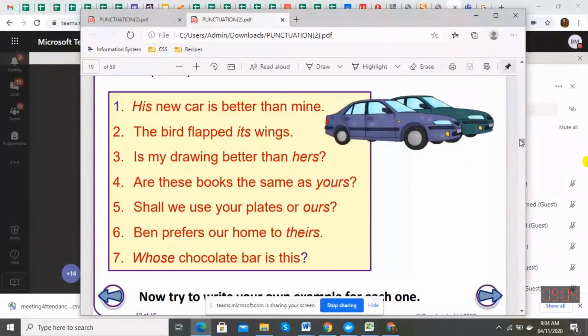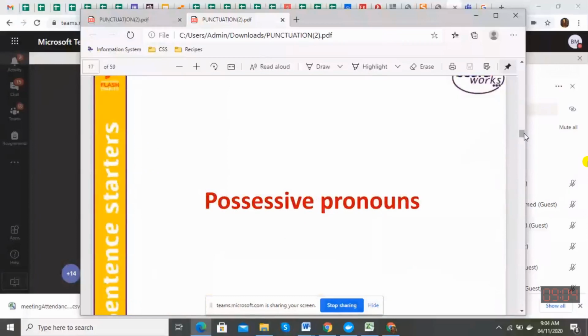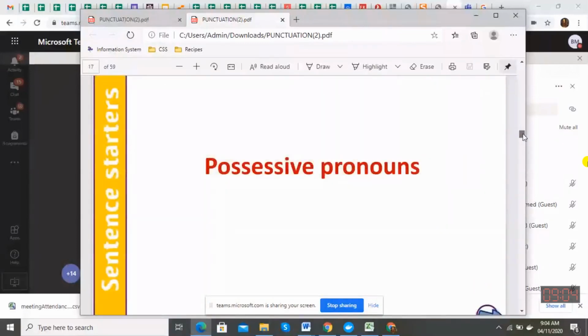We have discussed different usages of apostrophes.